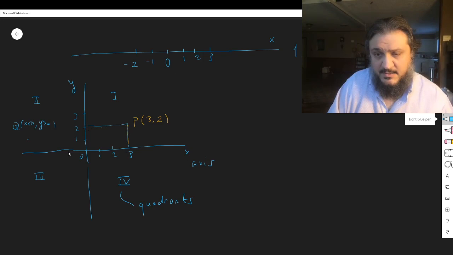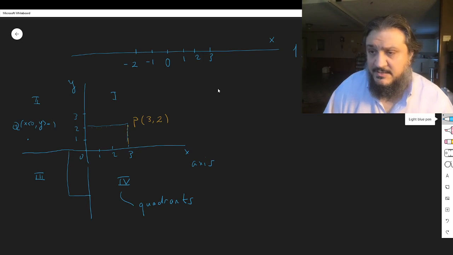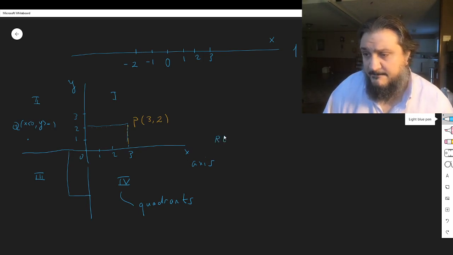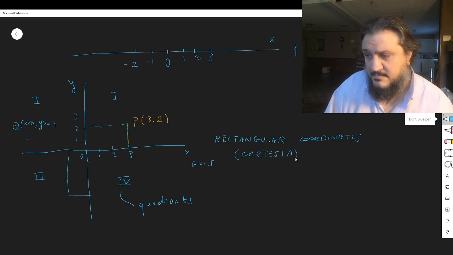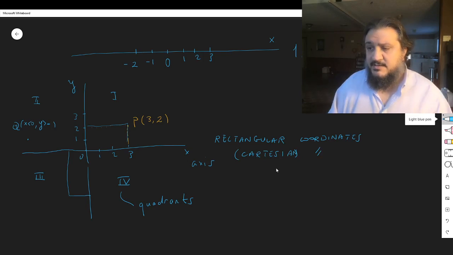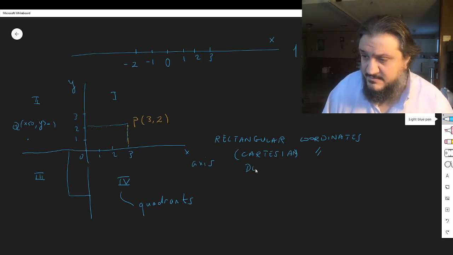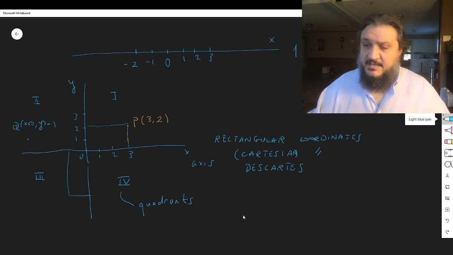Any point on this plane will correspond to a rectangle, so we call these rectangular coordinates, or Cartesian coordinates, named after Descartes, a French mathematician and philosopher. All right, so very basic.